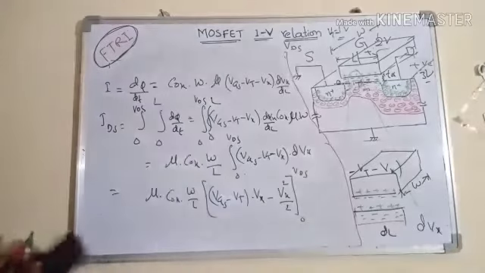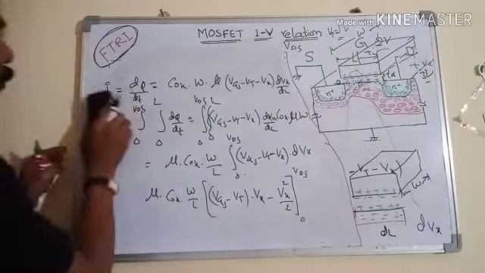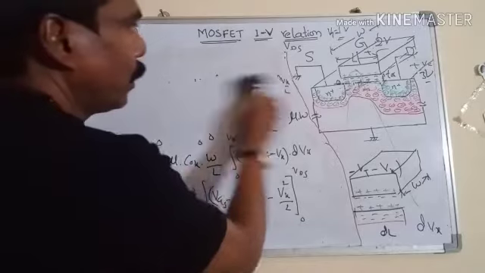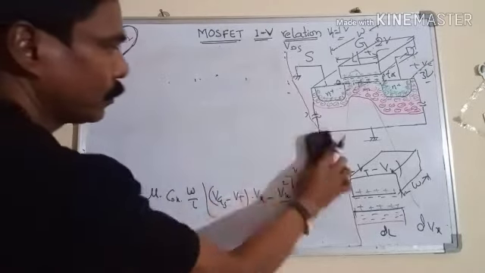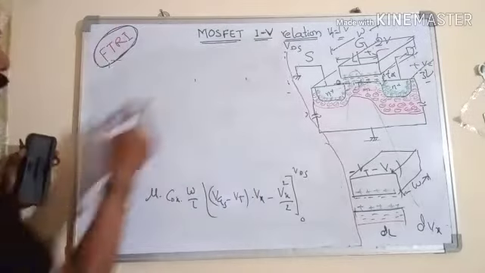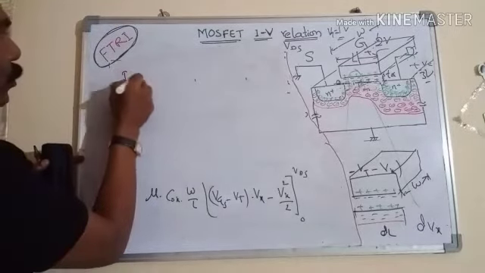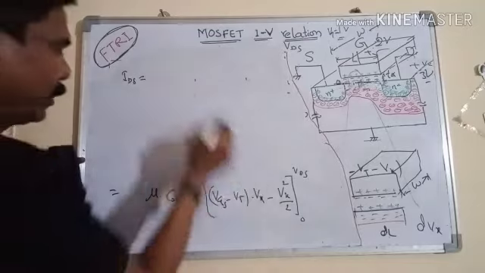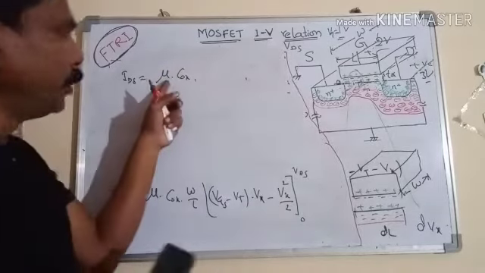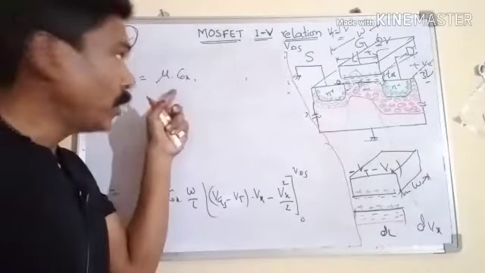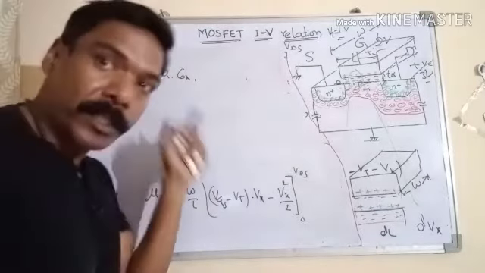Okay, so after substituting the limits, let me rub off the top two lines. So now we can get the current IDS equal to, after substituting the limits, mu Cox. I replaced mu n with mu, it's a general term. For NMOS it is mobility mu n, for PMOS it is mu p.